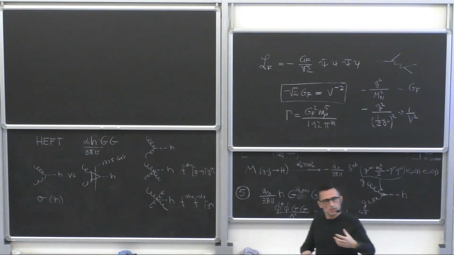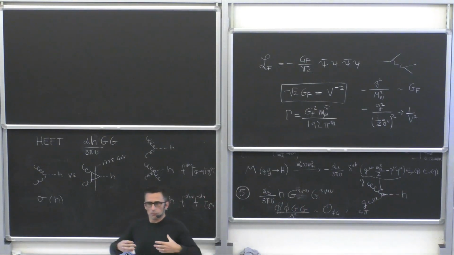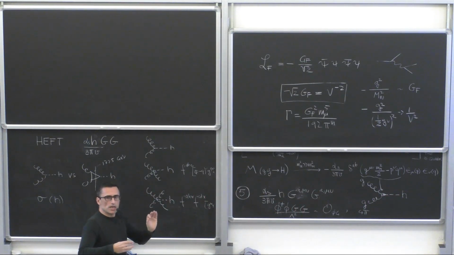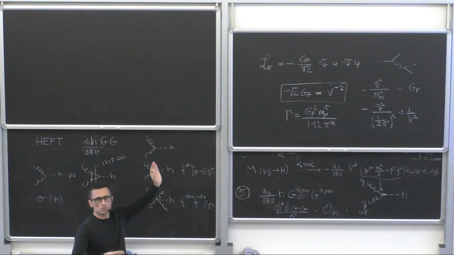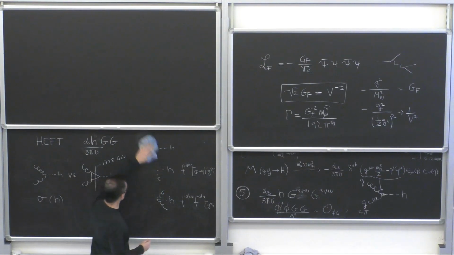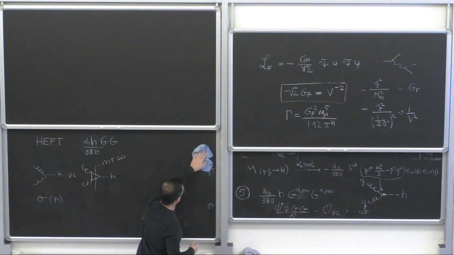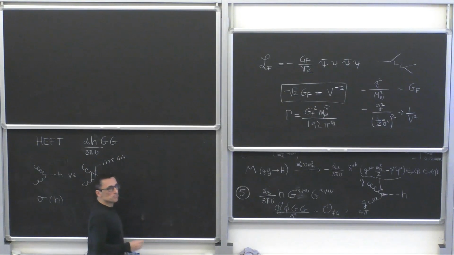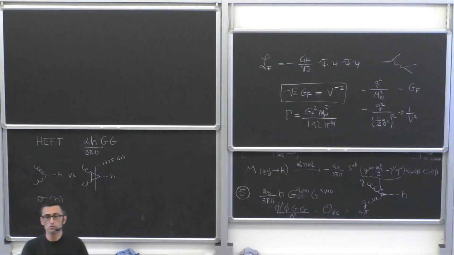So how do I give a kick? What if I want to see a Higgs with a transverse momentum? What diagram do I need to include if I want to study the pT, the transverse momentum distribution of the Higgs?